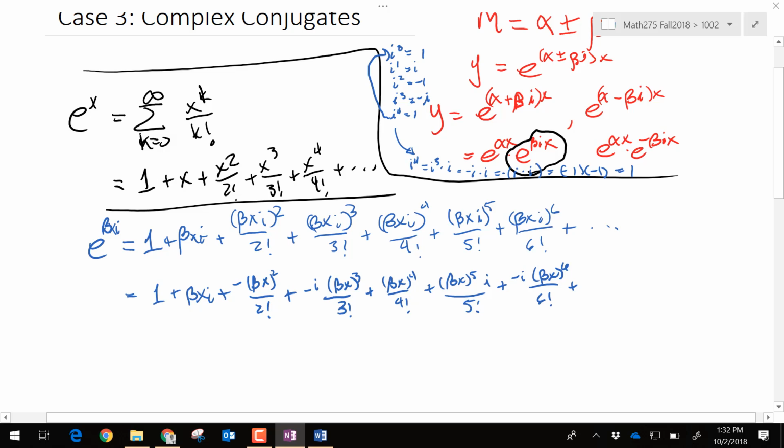So +1. Wait, what's i to the 6th? 6 should be -1, right? Not -i. So -1. 7 would be -i. So 7 would be -i. Beta x to the 7th over 7 factorial. And then this would be, 8 would be what? +1.